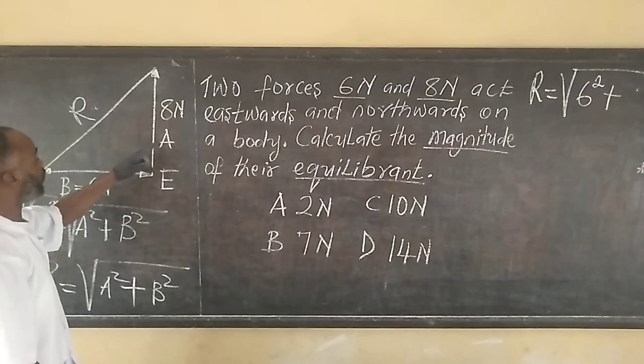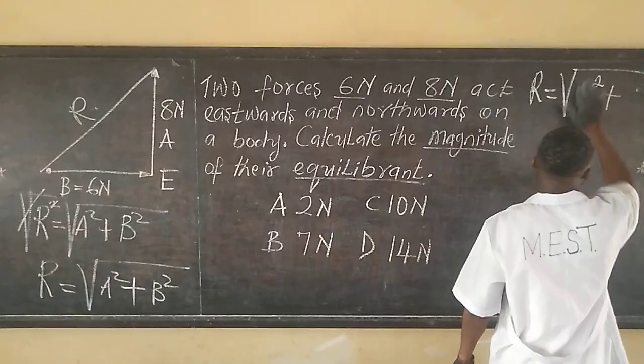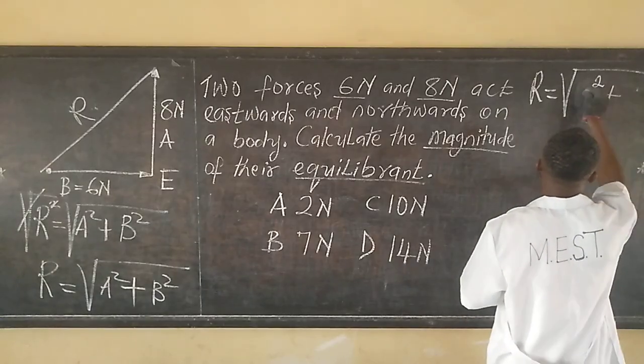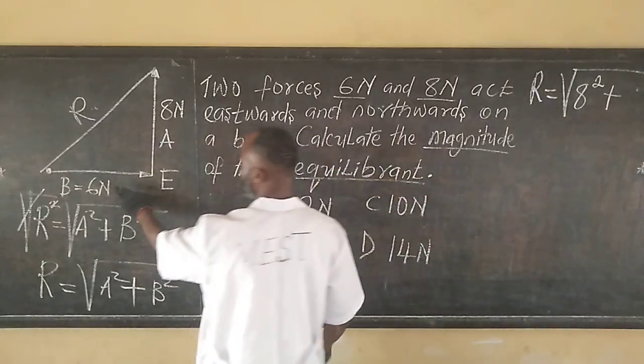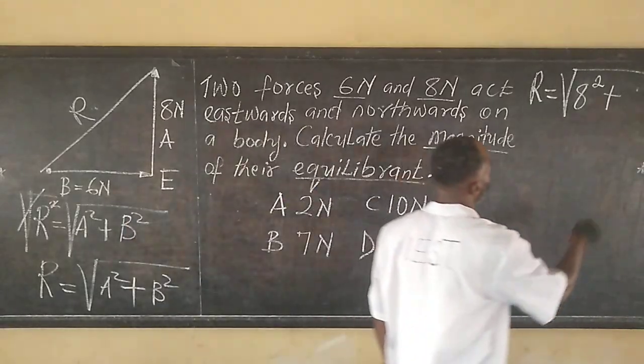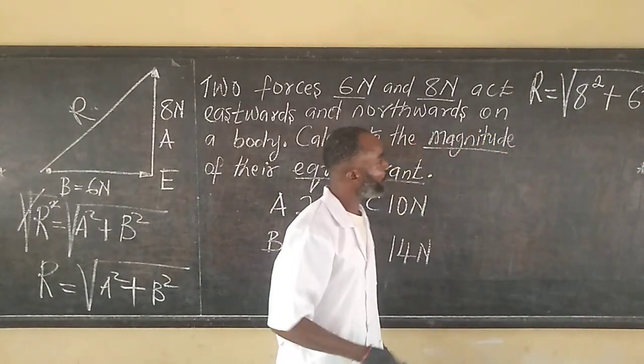Hold on, I earlier said 6 for A, but A is 8 Newton. That's a mistake, but we are correcting it now. So we have 8 squared plus, for B, 6 Newton squared.